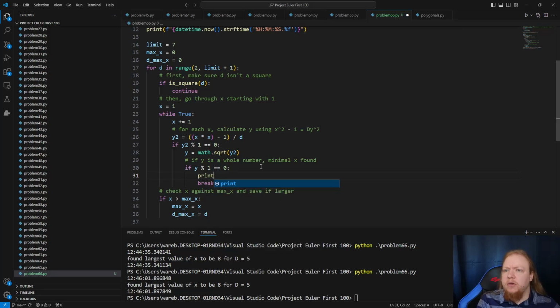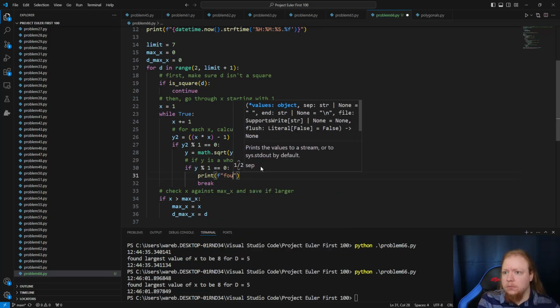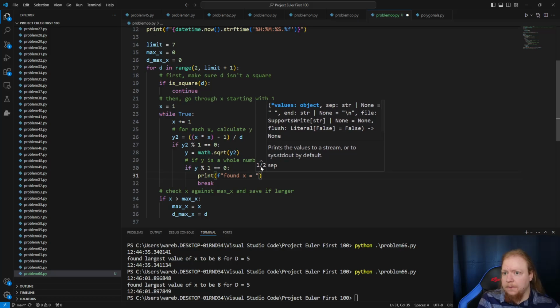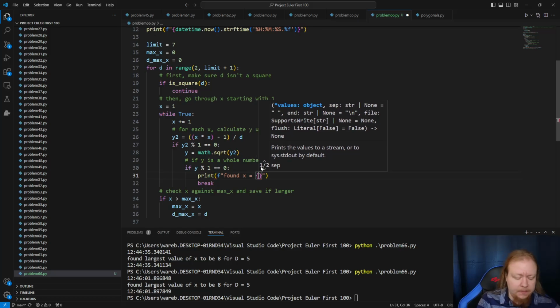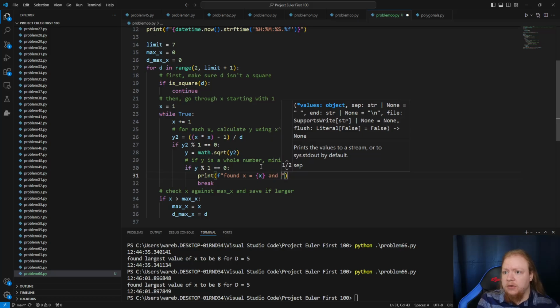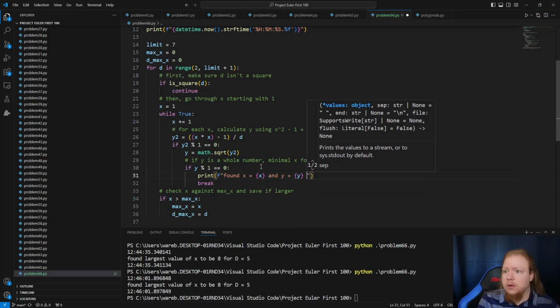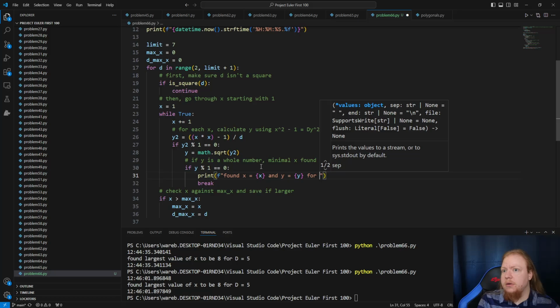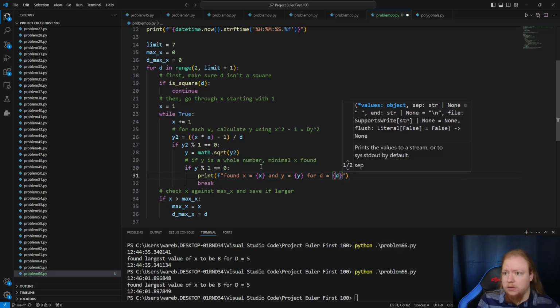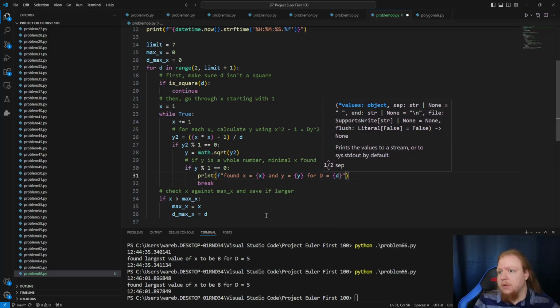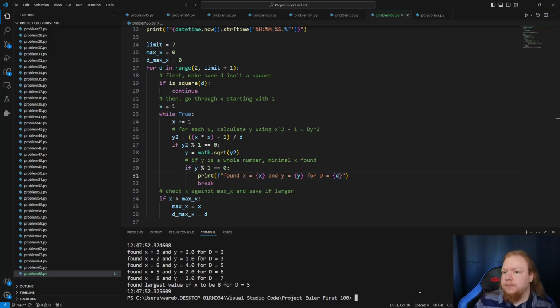Let's do a print here. x equal x and y equal y for d equal 3, 2, 9, 5, and 8.